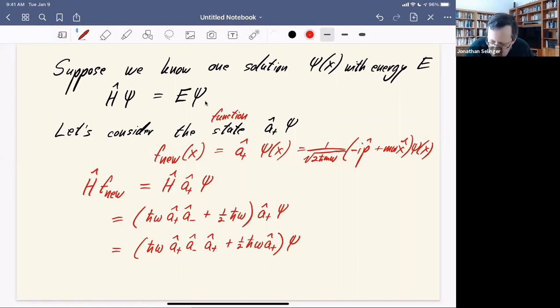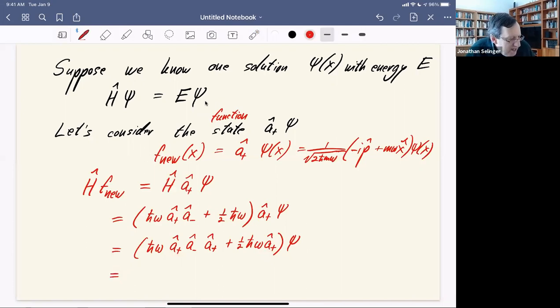Now I can see, in each of these terms on the left, there's an a plus. So I can factor that out on the left.